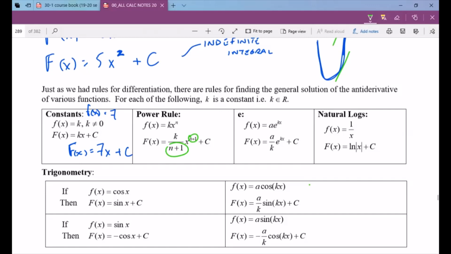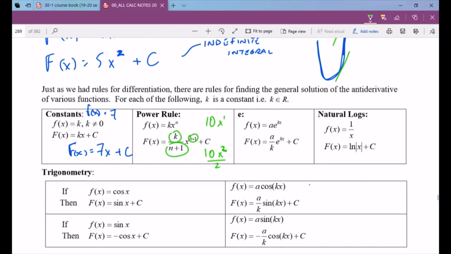The k stays right where it is, and then it ends up being divided. In our case, we were looking at 10x, and that was 10x to the 1. So I added 1 to the exponent, called it 10x squared, and we divided it by that same number that we have as our new exponent. And so that's what we did in this case.